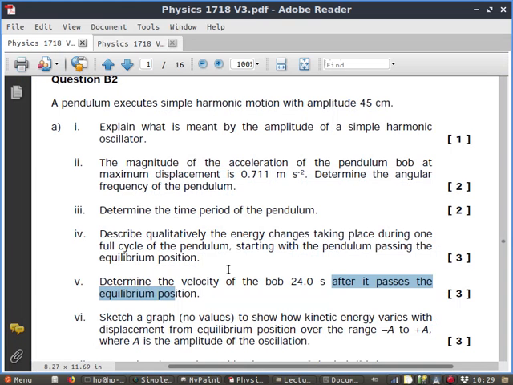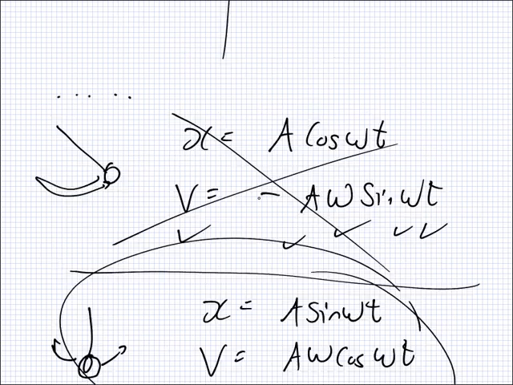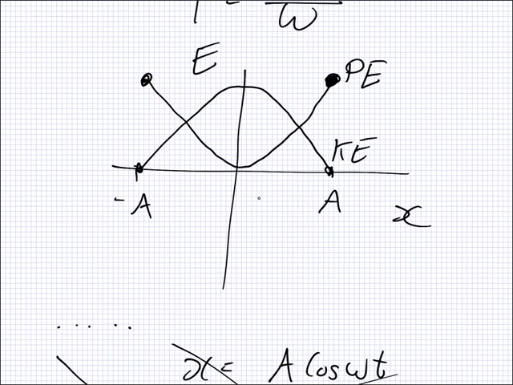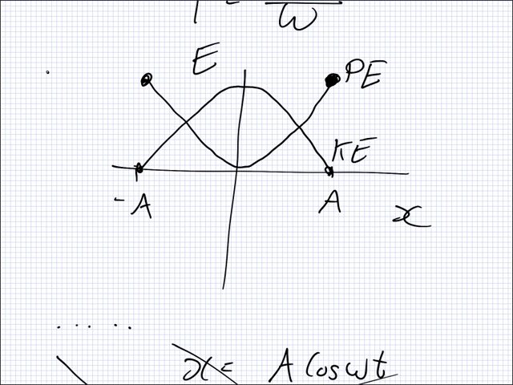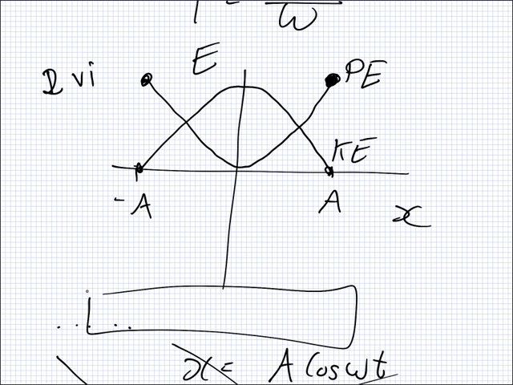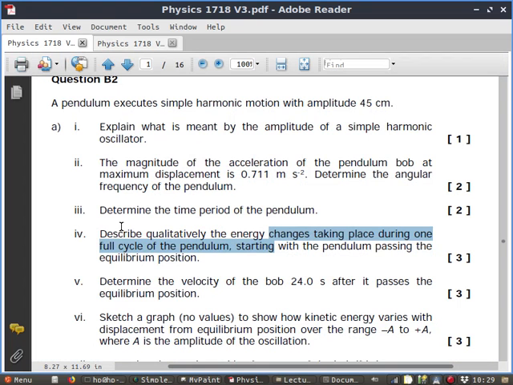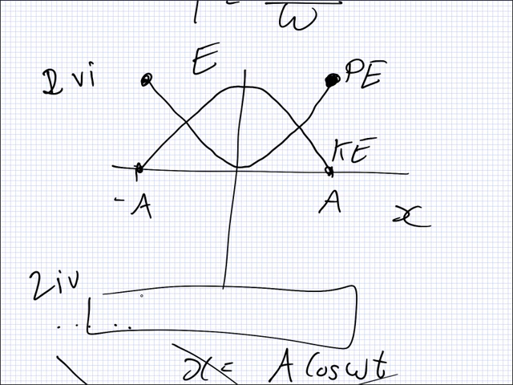Okay. Right, sketch a graph. Ah, perfect. So now, in this question, they want the graph. So what you could do is go back to the earlier question and change this to 2v1, and what you wrote here is just going to be 2iv.